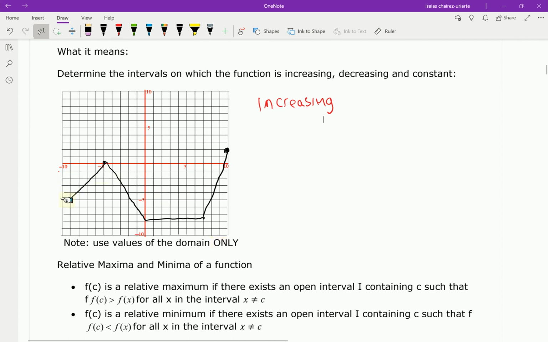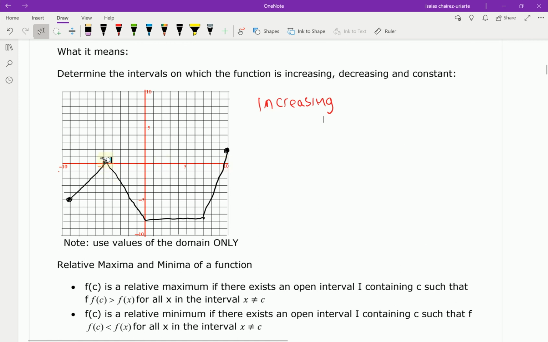So what are the x values between here and here? My x values are going to be from -9, right there, all the way to -5. From -9 to -5, I would say my function is increasing. Also, from about 7, because that's right there, to 10, my function is also increasing.